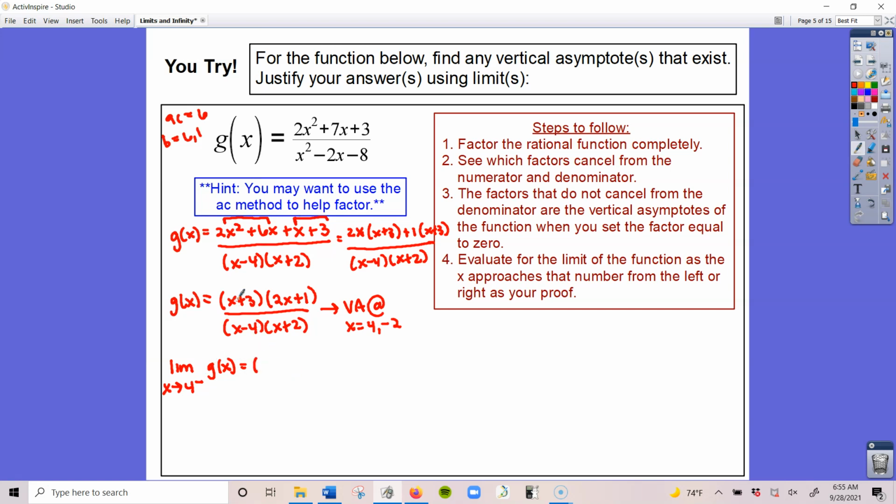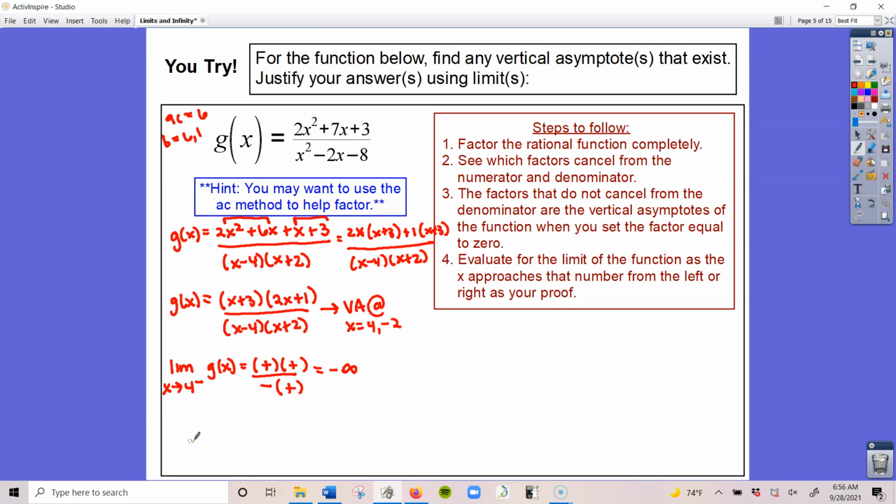So 3.9 plus 3 would give me a positive number. 2 times 3.9 plus 1 would be a positive number. 3.9 minus 4 would be negative. And 3.9 plus 2 would be positive. So a positive times a positive divided by a negative would give me negative infinity.